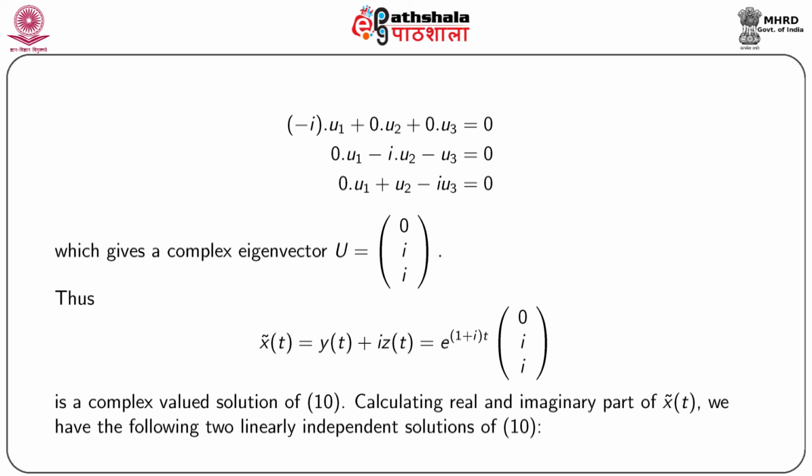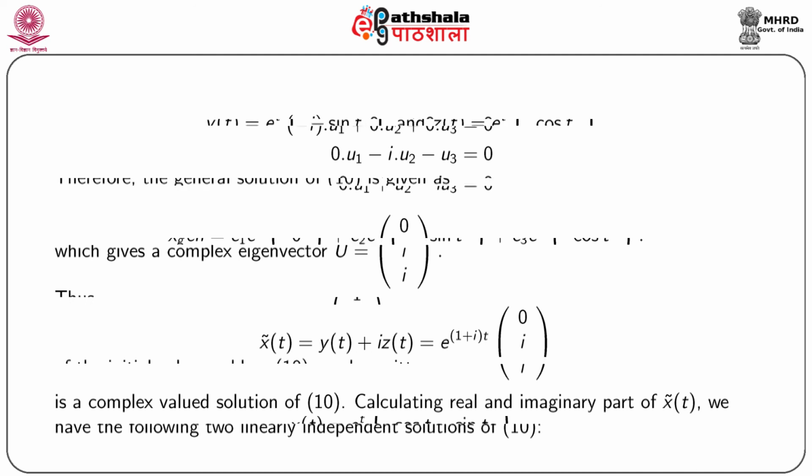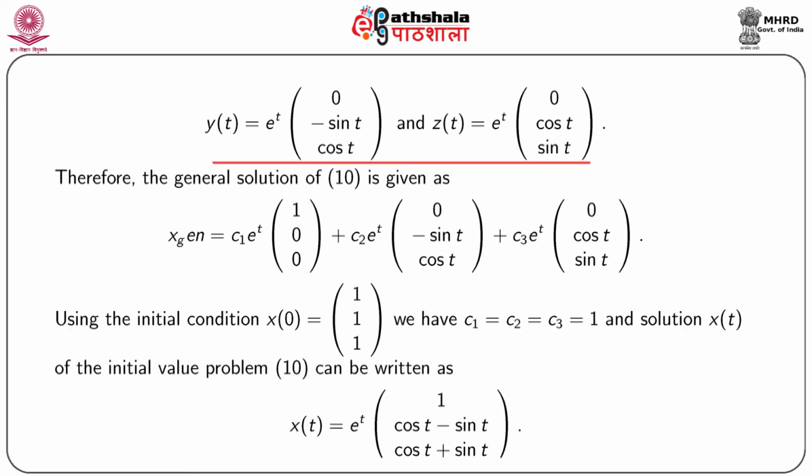Now, by calculating the real and the imaginary part of x tilde, we have the following two linearly independent solutions of 10. y(t) is equal to e to the power t into 0 minus sin t cos t, and z(t) is equal to e to the power t into 0 cos t sin t.